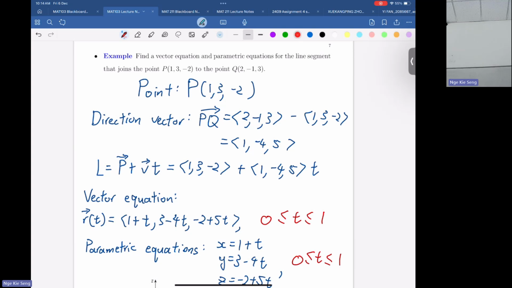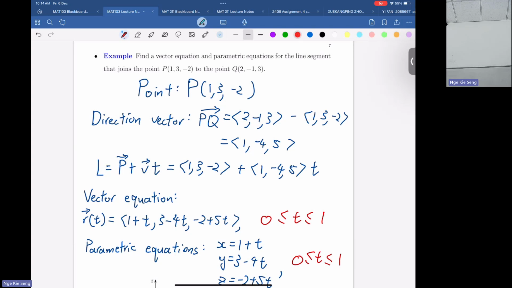So what's the difference between these two? What's the difference between parametric equation and line vector equation here? That's why I asked you.